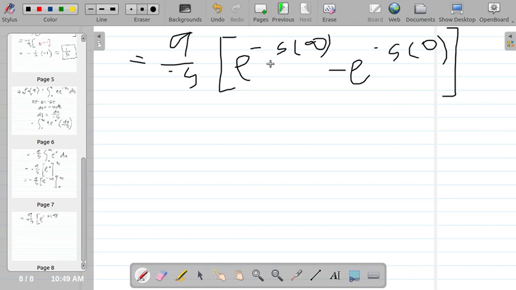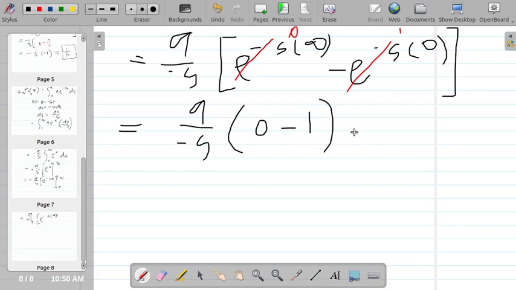So e raised to the power of negative infinity is just equal to 0. Then negative s multiplied by 0 is just equal to 0. So e raised to the power of 0 is 1. Then 9 over negative s multiplied by 0 minus 1 is just equal to 9 over s.